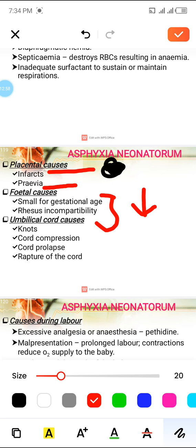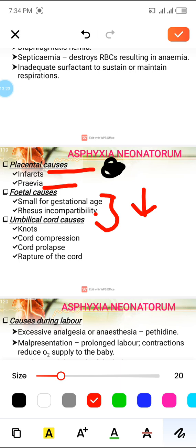Maybe this small baby's lungs are not fully developed, even the glycogen stores are not well formed, so this one will not be able to sustain breathing. Then when we look at rhesus incompatibility, we'll look at hemolysis, meaning that there is a breakdown of red blood cells, which will lead to a reduction of oxygen carrying capacity in the body. So that's what happens here.